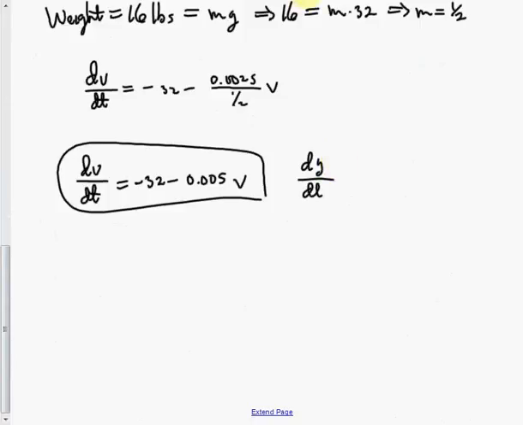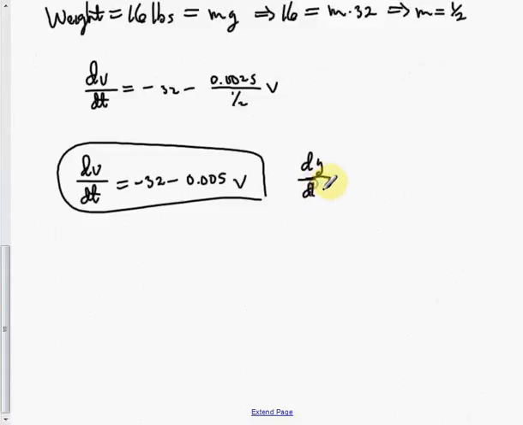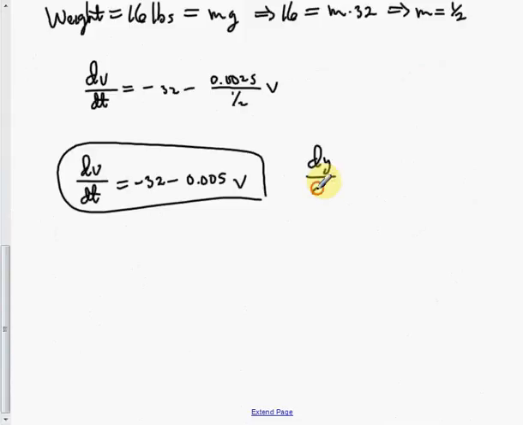But I want to write it back in the form how it was given initially, dy over dx plus p of x times y is equal to f of x. So we want to write this problem in that form.